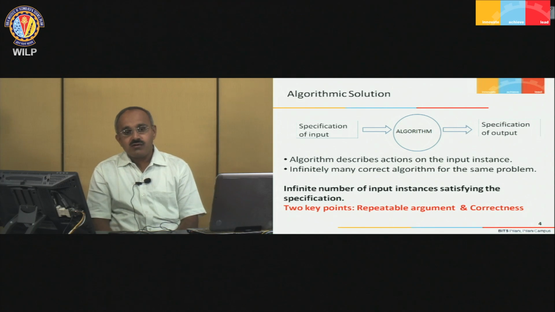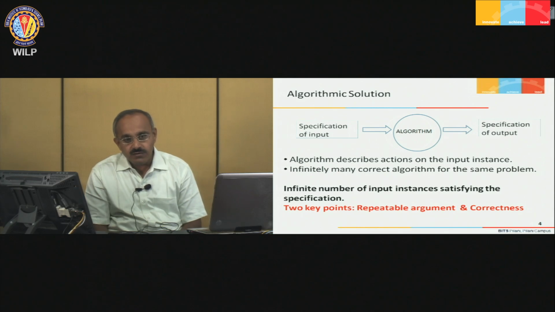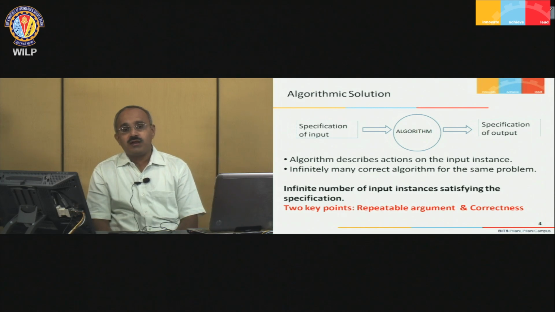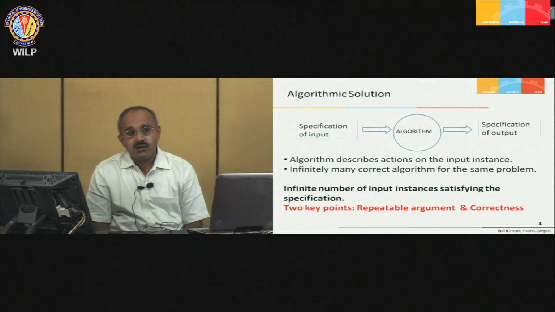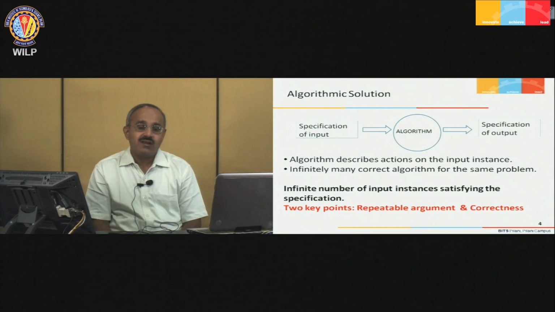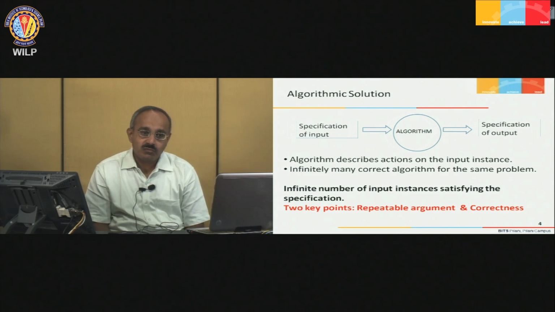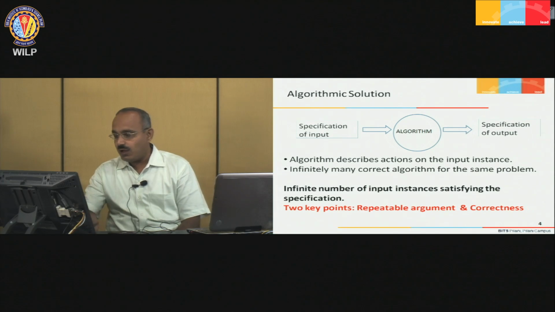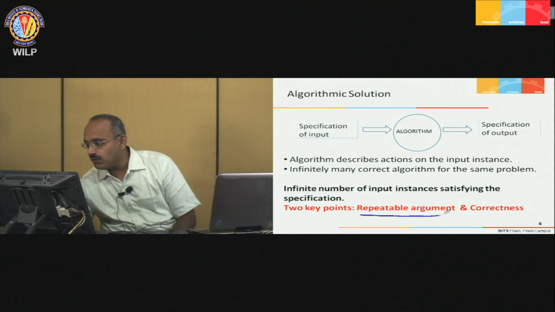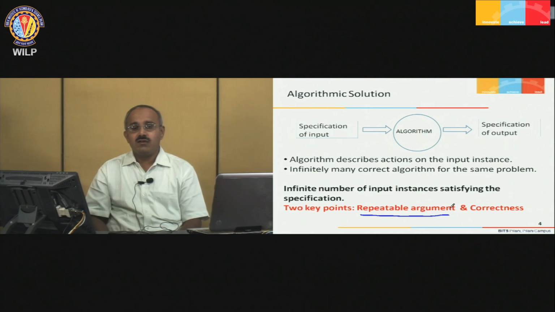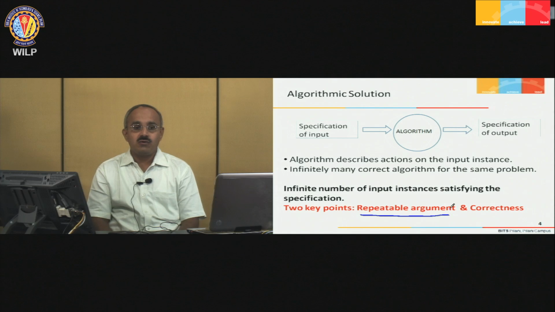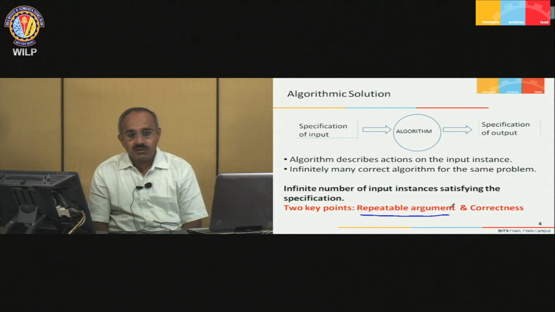So, for example, the solution which you find, which allows you to find a path from point A to point B, should be repeatable to an instance where you have a source at point C and destination at point D. That is what the repeatable argument would mean. That is, the solution that we propose should be repeatable to a similar instance of a problem.